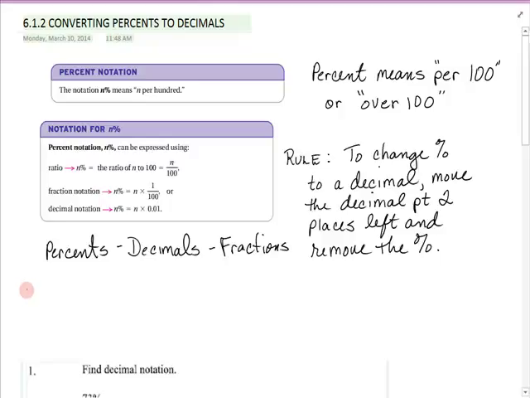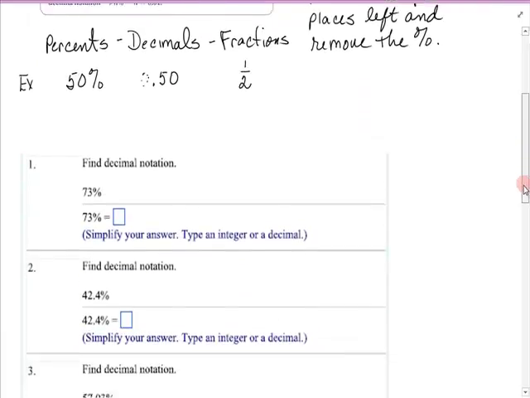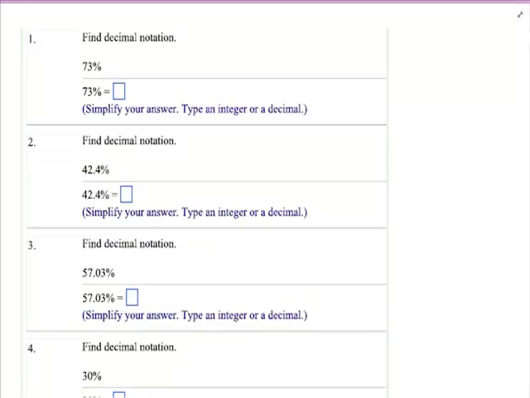Just as one example, if we talked about 50%, that's 50 out of 100, which means it is 50 hundredths. You might not see that zero on the end, but it is 50 hundredths. 50 out of 100 as a fraction simplifies to 1/2. So here are three different numbers that all express the same amount. This lesson is going to primarily focus on changing percents into decimals.